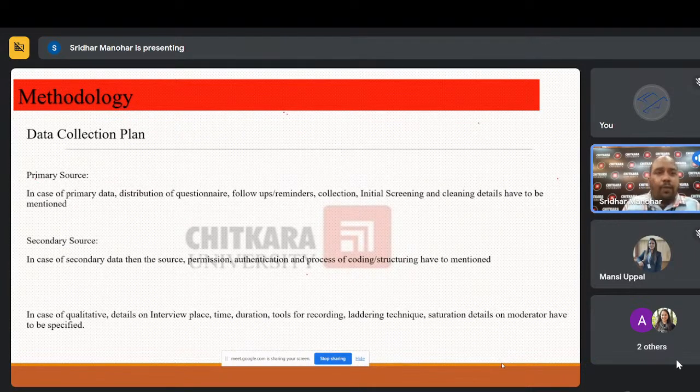Make a clear plan. Don't try to have a longer plan for data collection. Try to be very specific with the time period that you go with data collection, and also the authentication of that data which you collect. Make sure the respondents are willing to give a response. There is no kind of a non-response error. Non-response error could be more, so try to give more number of reminders.